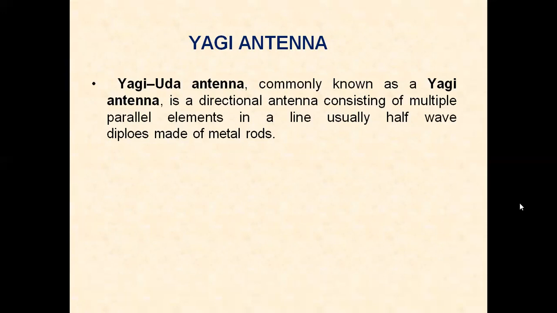The main element is the driven element, a folded dipole. We have a director, a reflector, and one or more parasitic elements to increase the directive gain of this Yagi-Uda antenna.